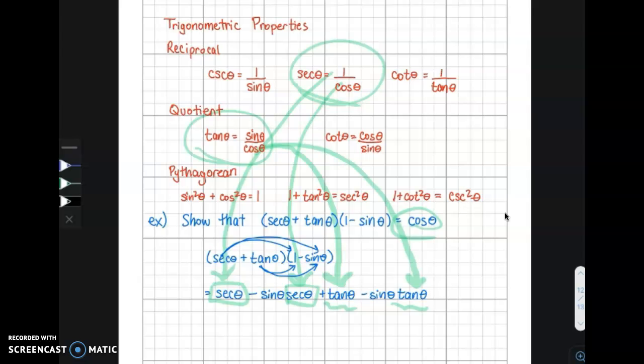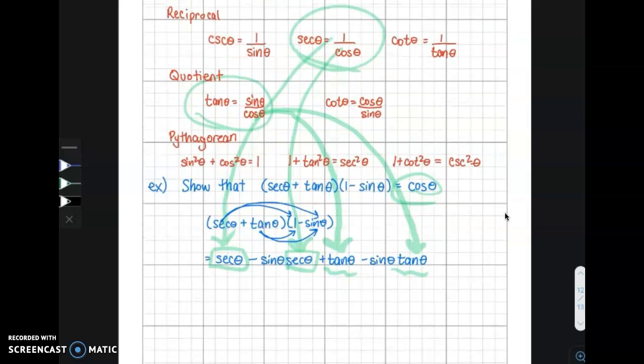Now, typically what I do when I solve these problems is after any algebra steps, I always try to change everything into sines and cosines. In this case, I want cosine at the end, so I definitely want cosines, but sines are okay as well because more than likely they will cancel out for us. So I'm going to change everything into those 2 properties.